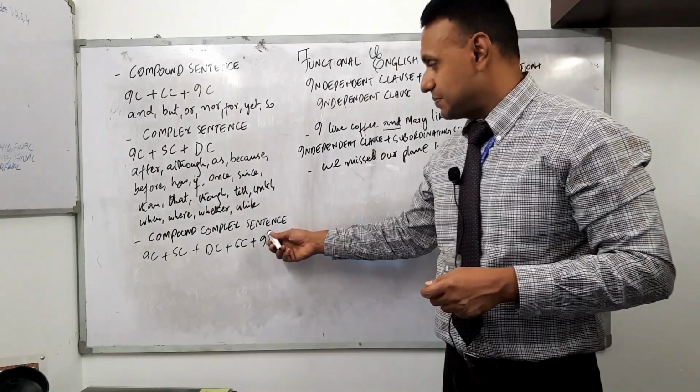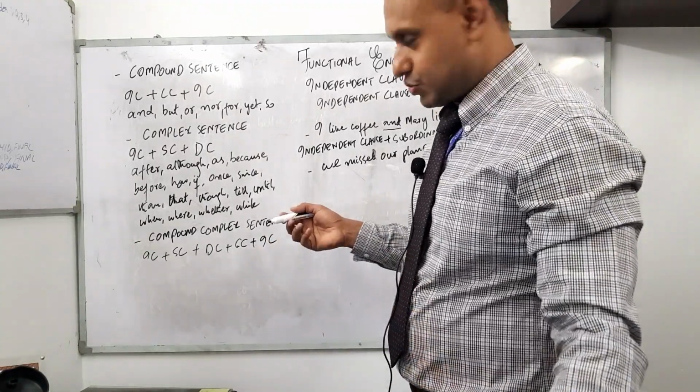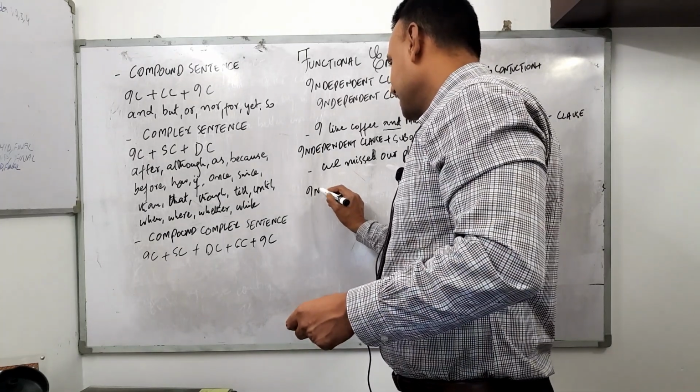Now the last one is the compound-complex sentence. So what's the formula here? I just want to make sure that I write the formula.